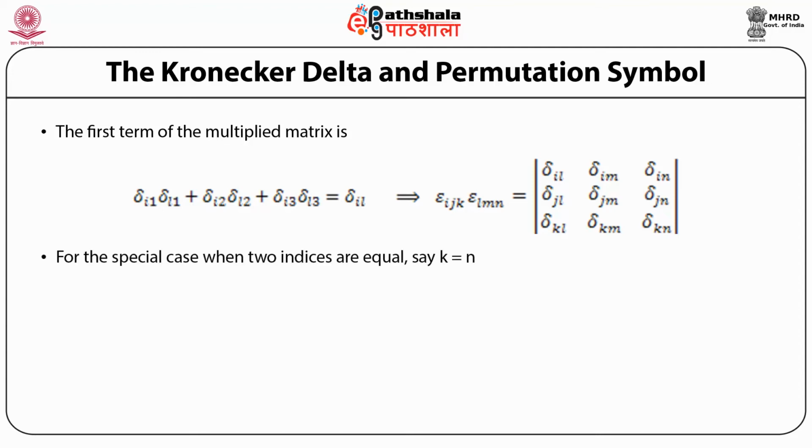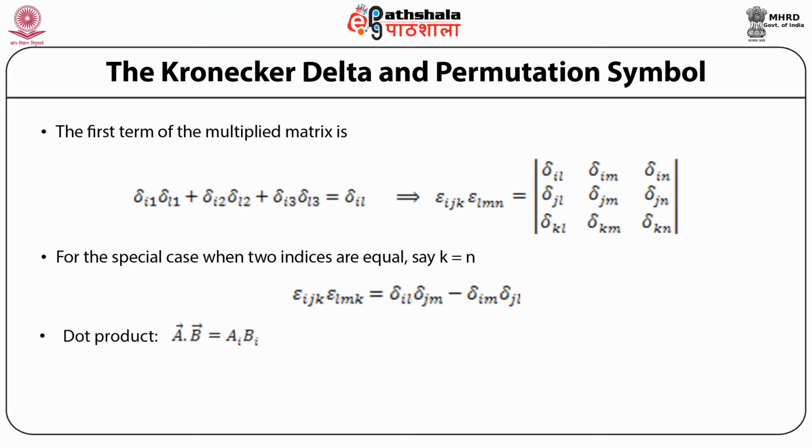For special cases, when two indices are equal, say k equals n, epsilon ijk into epsilon lmk equals del il del jm minus del im del jl.